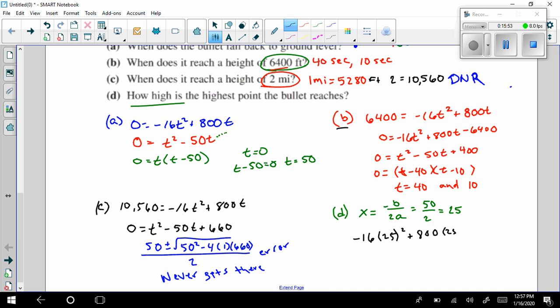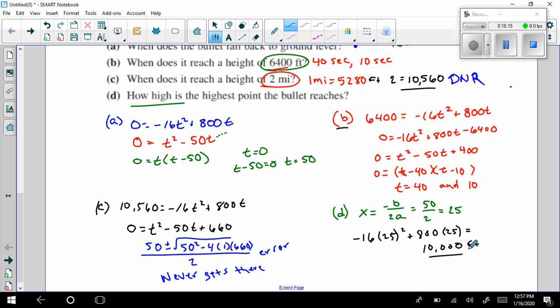You just type that in your calculator and you get 10,000. So this is the maximum height, so that's feet. We were never able to reach that because this was our highest. Okay. All right, that's it.